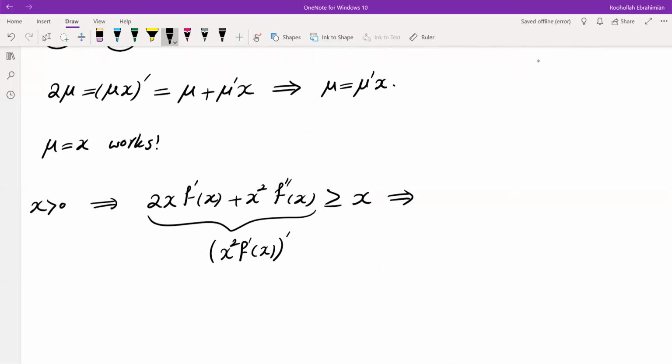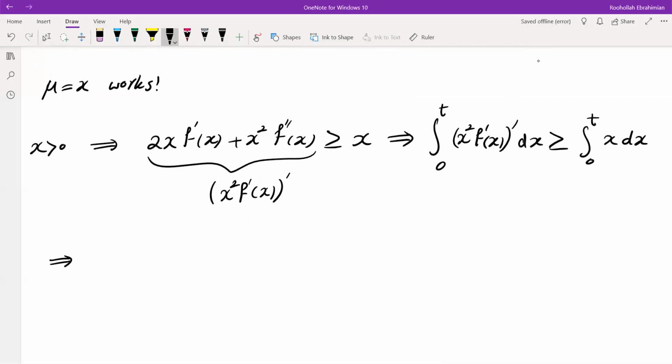When you integrate that from 0 to some t, the integral of the derivative of x squared f prime dx is greater than or equal to the integral from 0 to t of x dx. If you integrate that, you end up getting t squared f prime of t is greater than or equal to t squared over 2. Fortunately, t squared is positive, so you can get rid of that. You get f prime of t greater than or equal to 1/2.